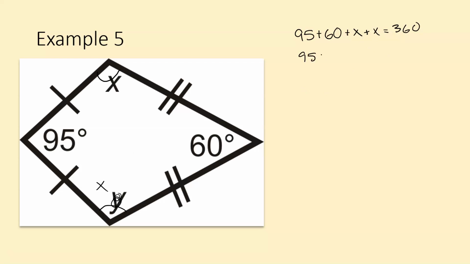If I were to set it up like this, it isn't something I can solve because it has two different variables in it. But since I know that they're the same, I can use the same variable, and then I can solve it because there's only one variable in it. So combine like terms, x plus x is 2x. 95 plus 60 is 155.